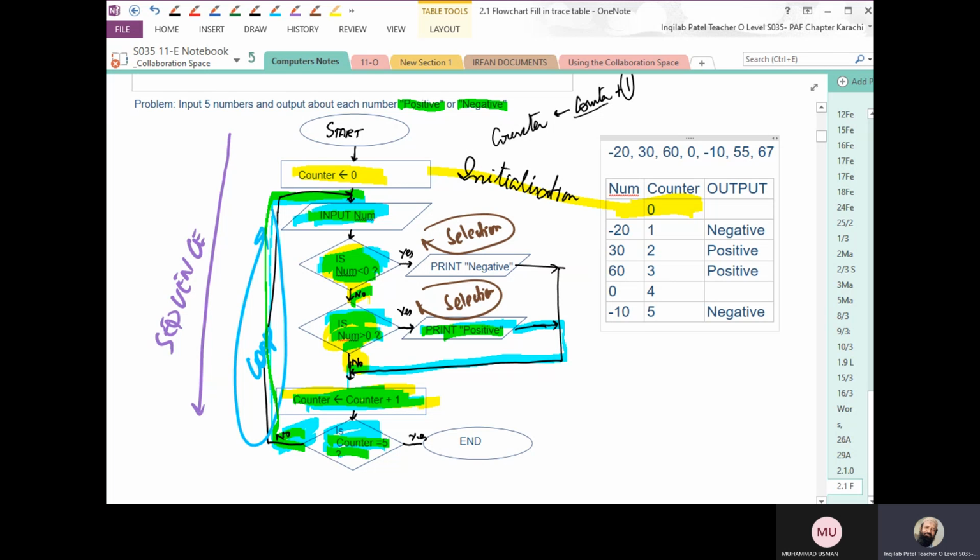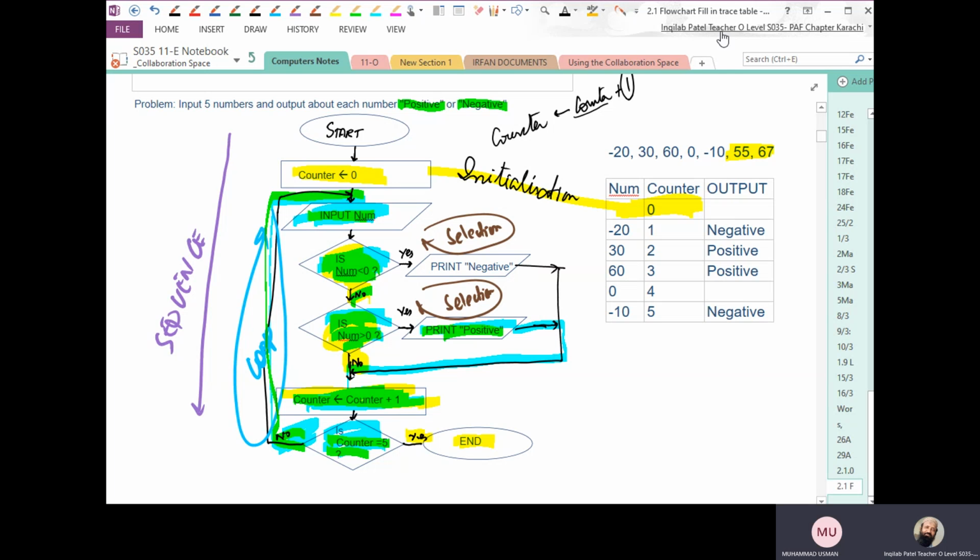Now it will check whether the counter equals 5, yes, so it will end the program, which means these two values will not be input. Yes beta, is it clear? Yes sir.